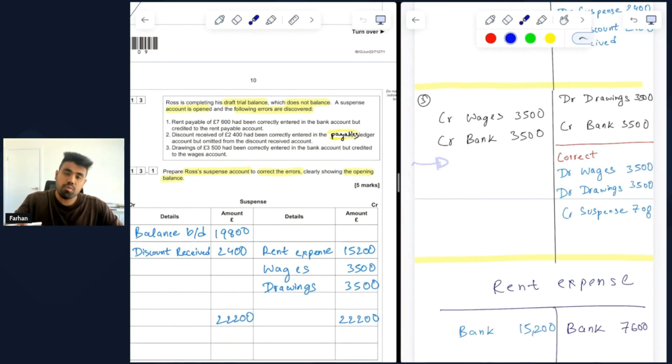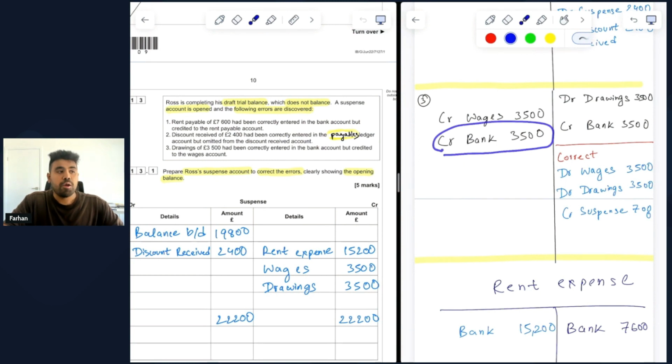So when the cash drawings have been made, the bank, being an asset, should reflect a reduction in the balance that it has. And assets by default, when they go up, are debit. But now that there's a reduction in the balance of the bank, assets are going down, so it has to be credited. So that is what Ross has done. So credited bank by £3,500.